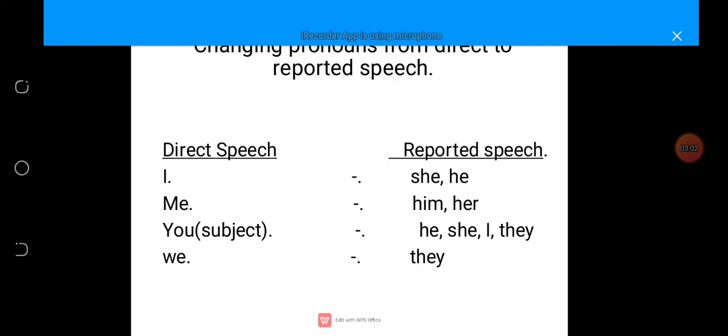So this is how pronouns change from direct speech to reported speech. For direct, where we have I in the direct speech, when changing, we either use she or he depending on the subject in the direct speech. Me becomes him or her. You, as the subject, we have he, she, I, or they.